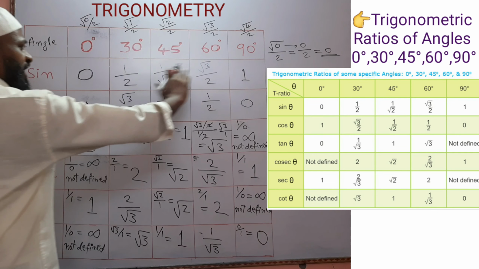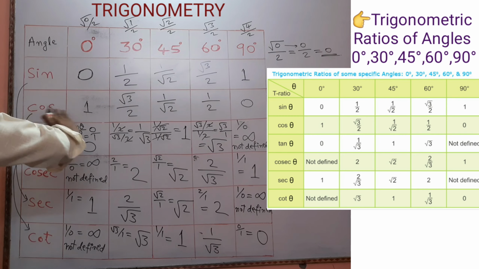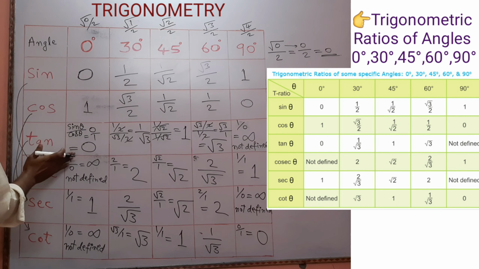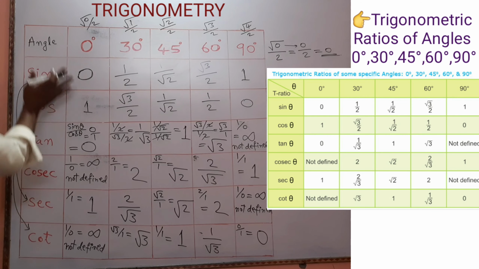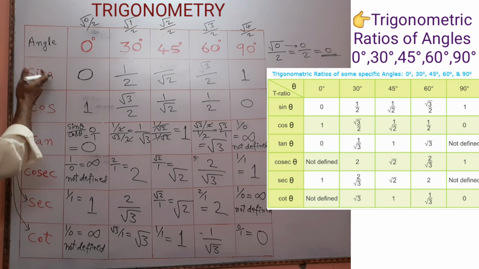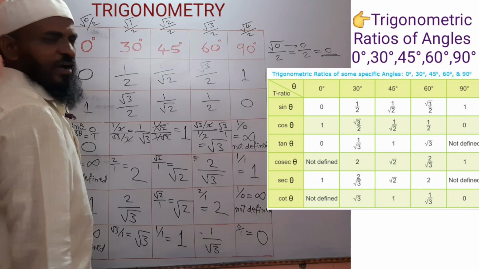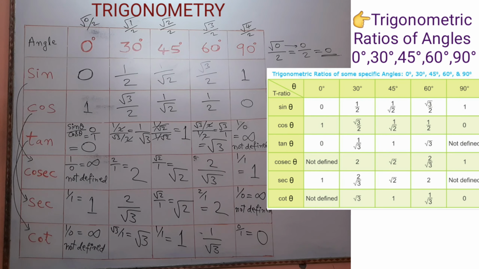After getting sin values, take the reverse for cos. Then by comparing sin by cos, we get the tan value. After getting these three, sin, cos, tan, take the reciprocals for cosec, sec, and cot. This is the method for finding the values of the trigonometric ratios.